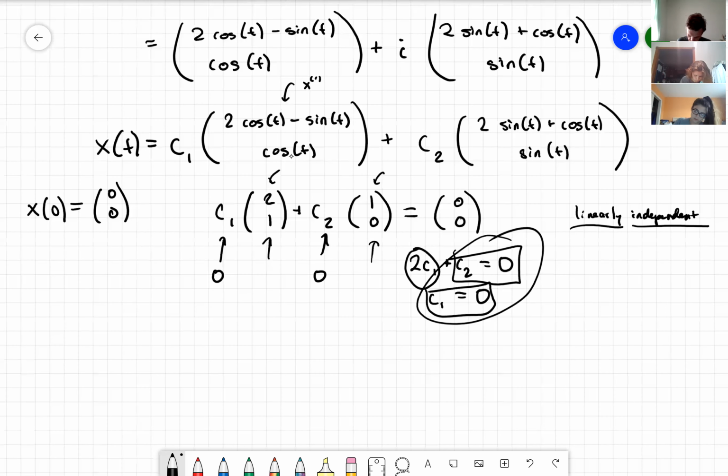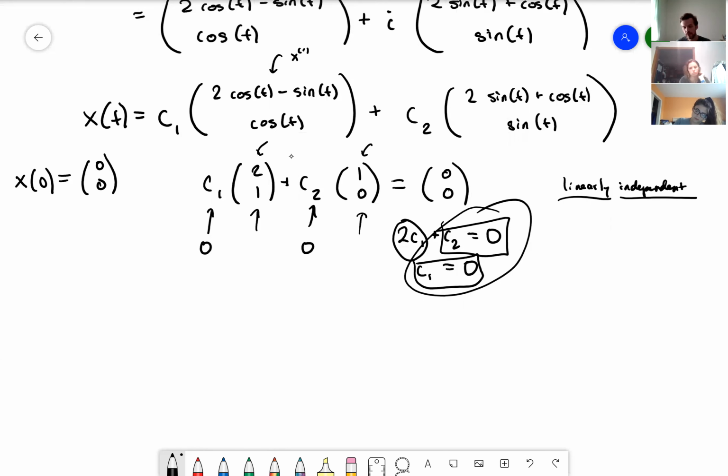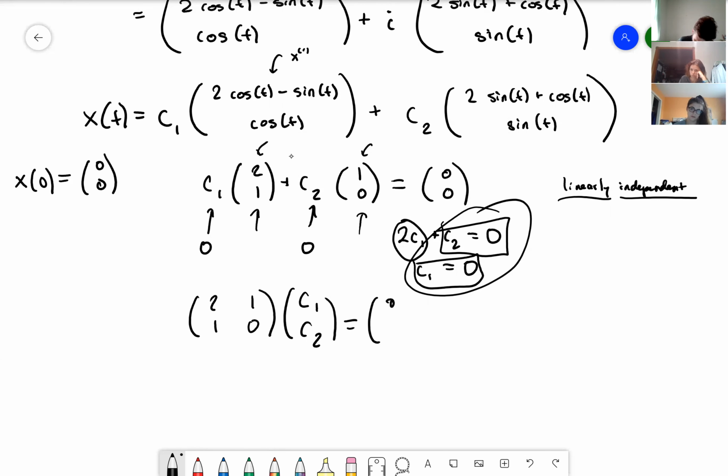Now, this is entirely equivalent to what we did before, which was to form the matrix. The matrix would have been this, the vector would have been this, and this would have been the whole matrix-vector equation. If we try to solve this by finding the inverse of the matrix and multiplying it over the other side, we're finding some vector, multiplying it by 0, we get 0, and so that should give us C1, C2 equal to 0.